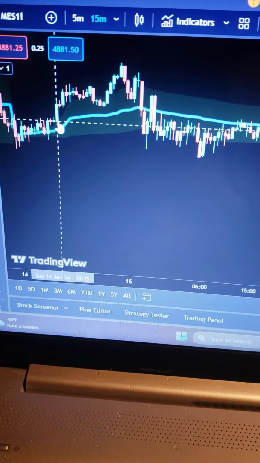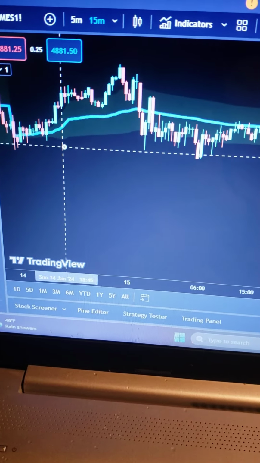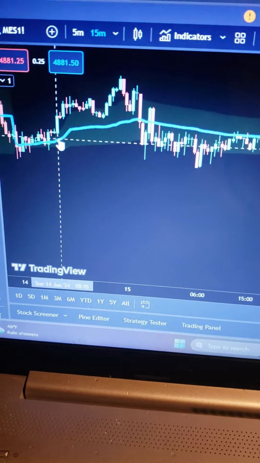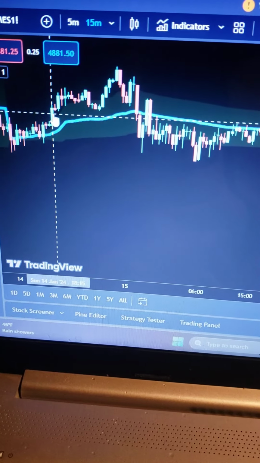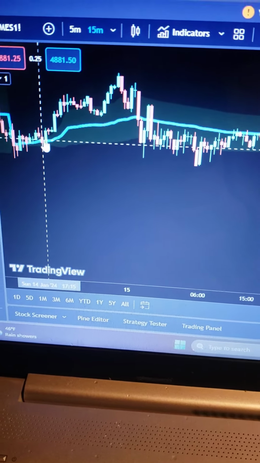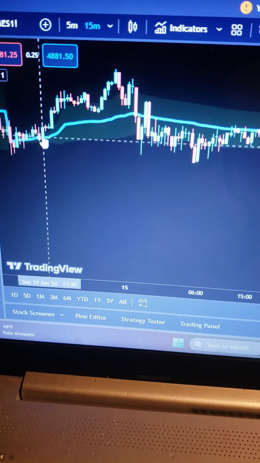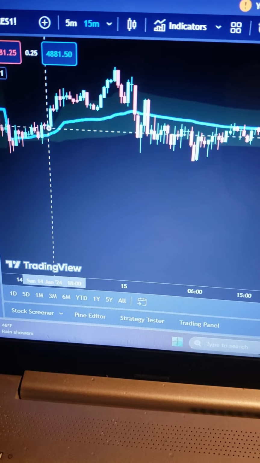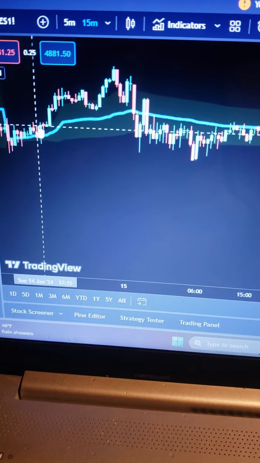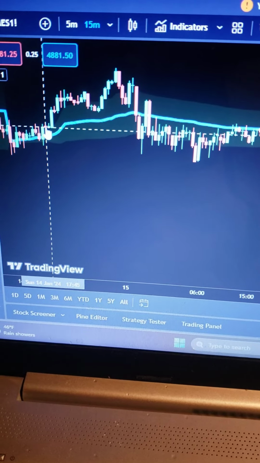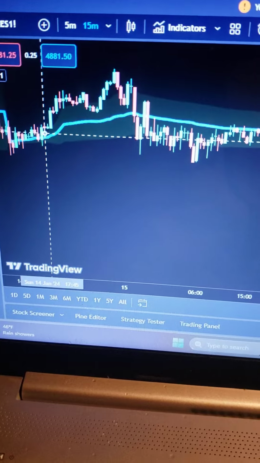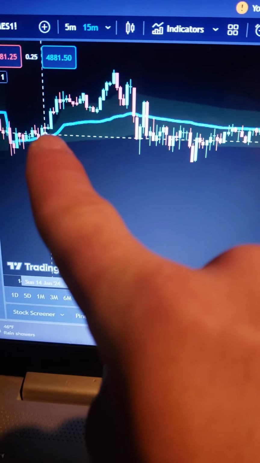So we could have taken a long right here, and this is basically with my candle by candle method. But we can still break above right here and go long and think, okay, that's one probability because we broke above this. We're still green. Yes, we still have a little bit of wicking down, but we're still bullish. And we broke above the VWAP.